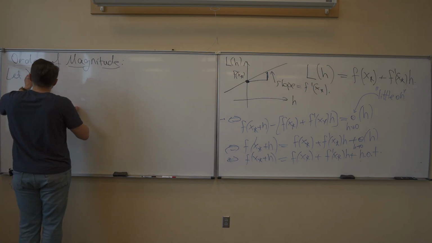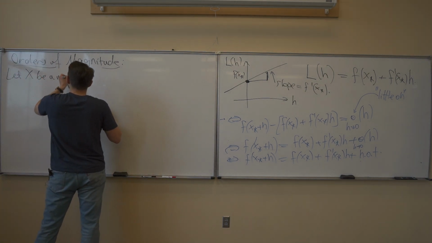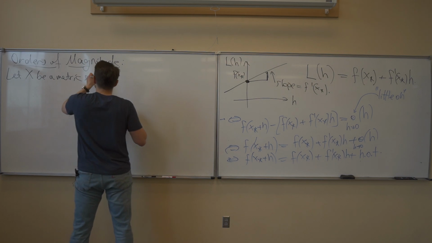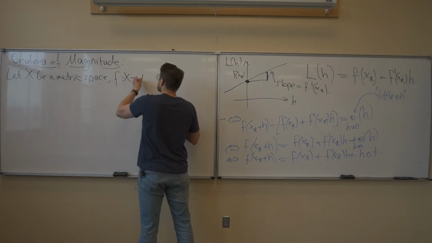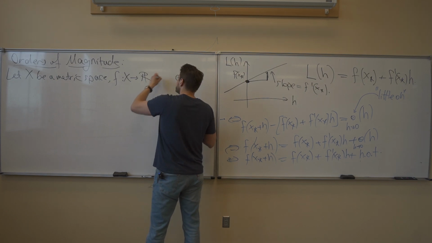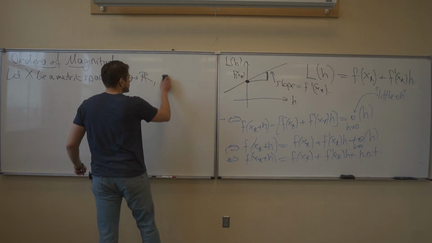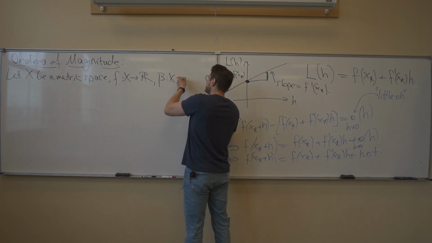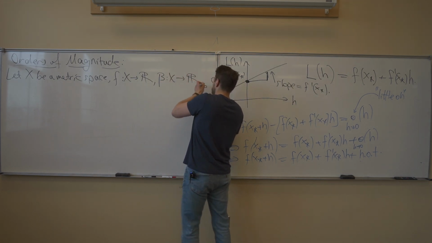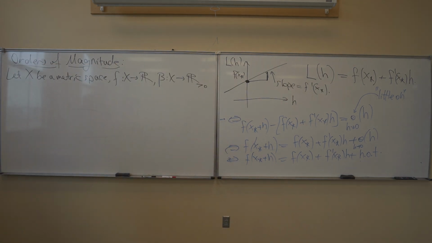So let X be a metric space. Let f be a function from X to R, and beta is another function from X to R plus, let's say, or positive numbers. That's how I defined it.